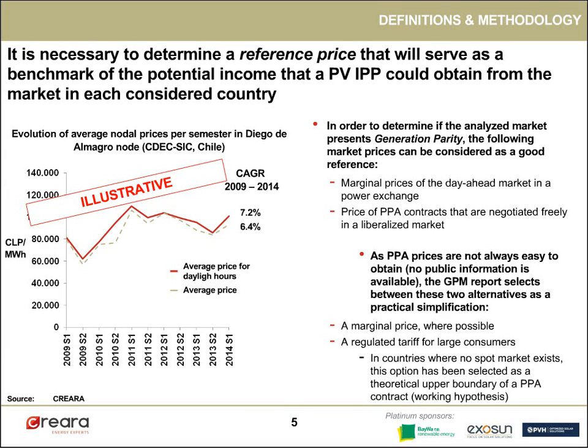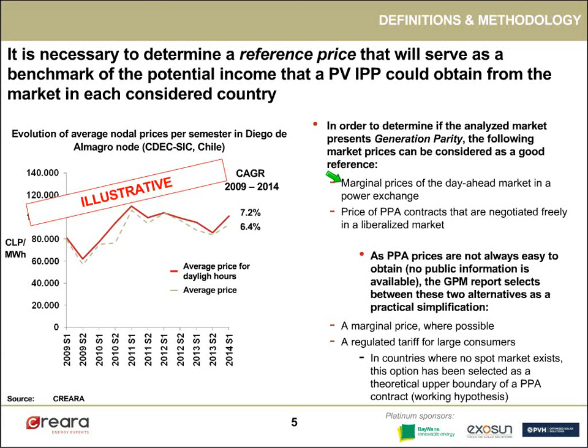Let's have a look at the reference price, the one we're comparing the required tariff with. And the reference price is used as a benchmark for the potential income that the PV investor could obtain from the market in each of the countries. And there are several options for this reference price.